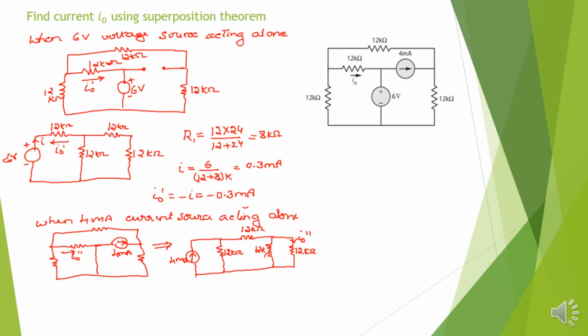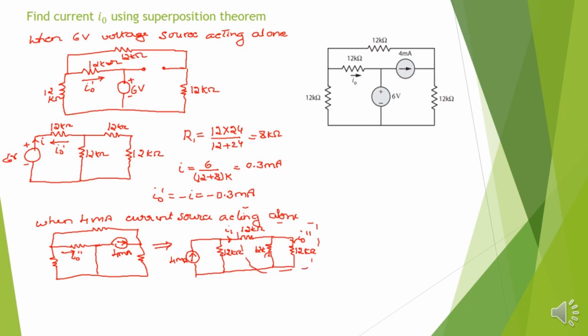Now I can analyze this current splits into two branches. I need to find this current as I1. Then once again using the branch current formula, I can find I naught double dash. So first, what is this effective resistance?